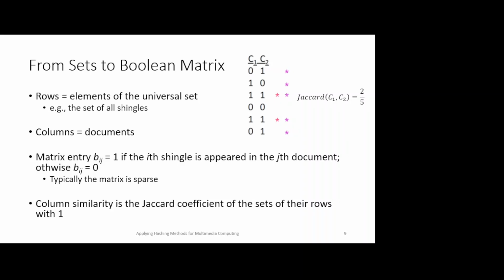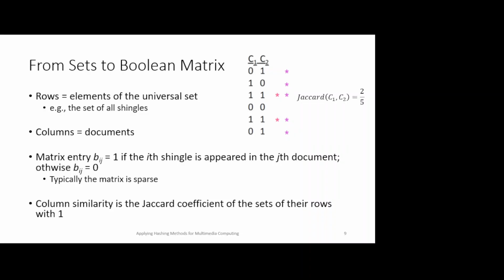Now we can convert the set to a Boolean matrix. Here you see we have C1 and C2, two documents, and each column is like a binary vector. If the C1 document contains a shingle, we use 1 to indicate it has this shingle. Otherwise, we use 0 to mean the document doesn't contain this shingle.